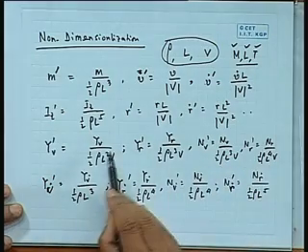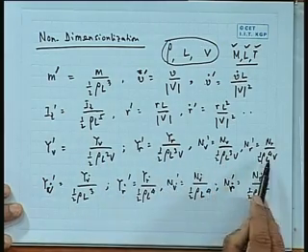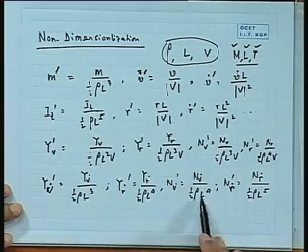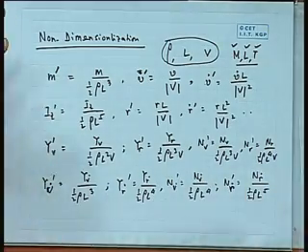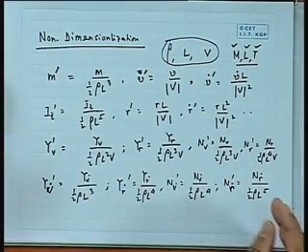There is an increase of L, this remains same, another L, this L cube, L 4, L 4, L 5. It is actually easy to work it out. If you go through that, you will find it is quite easy.